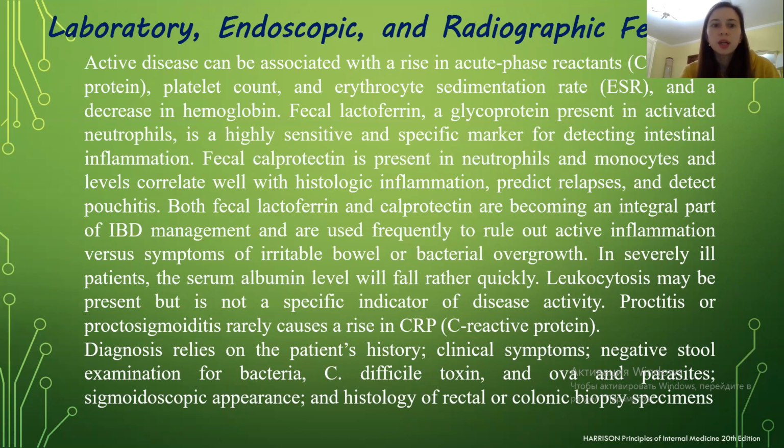In severely ill patients, the serum albumin level will fall rapidly. Leukocytosis may be present but is not a specific indicator of disease activity. Proctitis or proctosigmoiditis causes a rise in CRP, C-reactive protein.